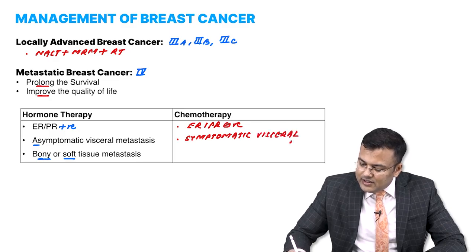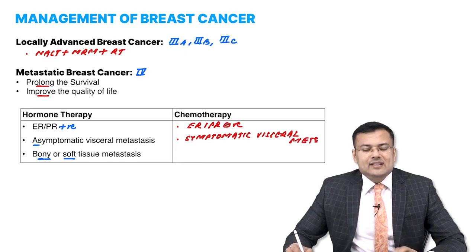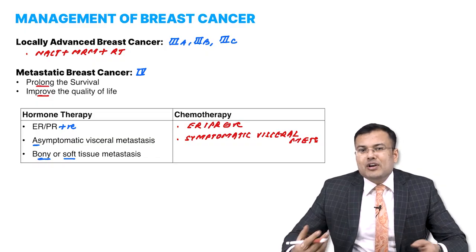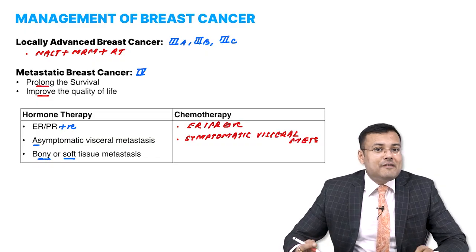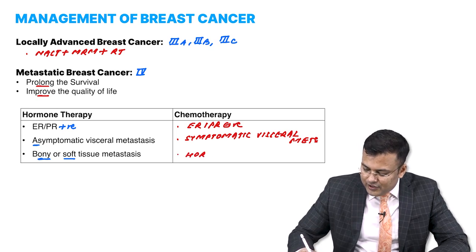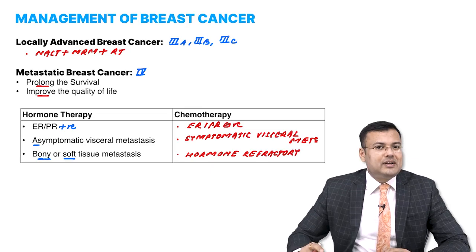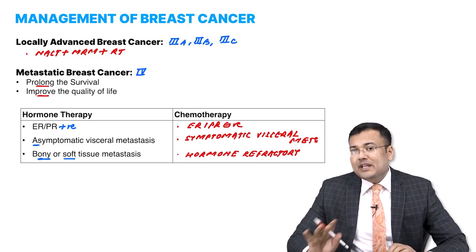Clear? And for bony or soft tissue metastasis, if the patient is not responding to hormone therapy, that is hormone refractory, in those cases we are giving chemotherapy. Clear? Indications of hormone therapy and chemotherapy.